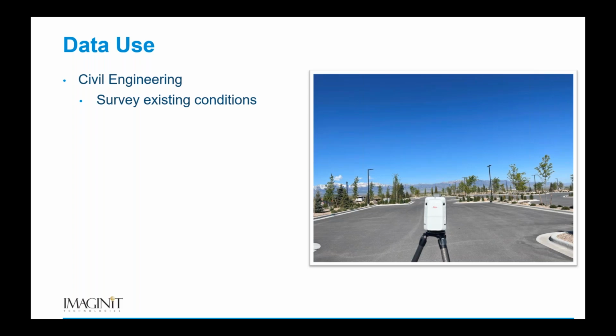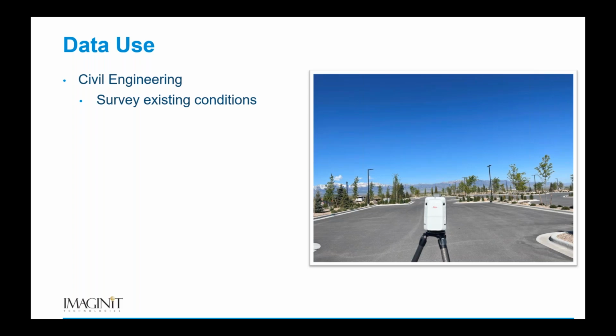Took some scans, imported it into the computer, put it into Civil 3D or whatever you use. I use Cyclone 3DR as well, and was able to get good COGO points into Civil 3D.